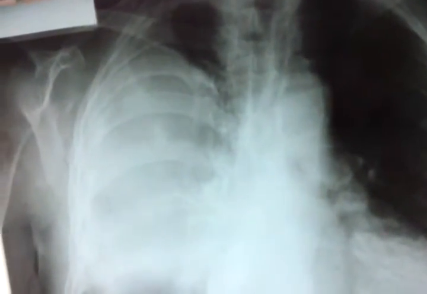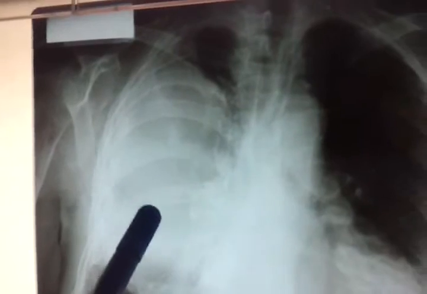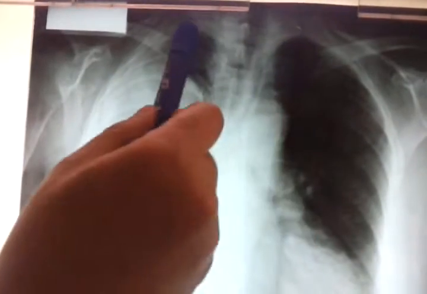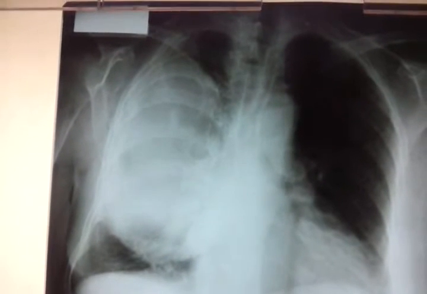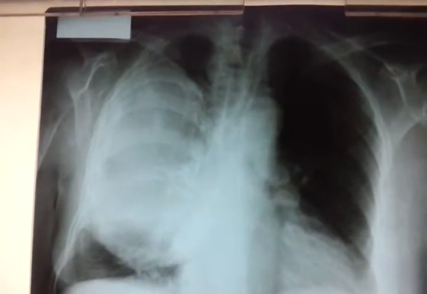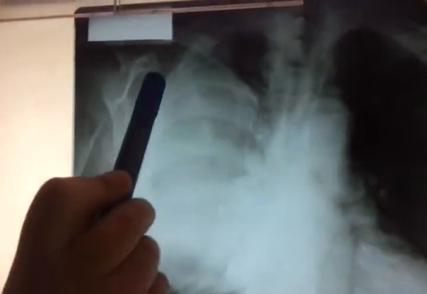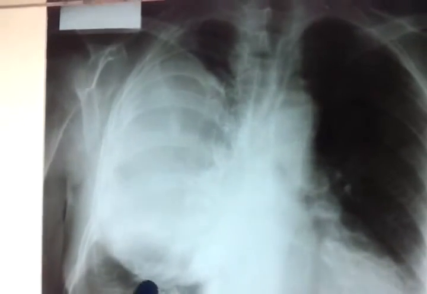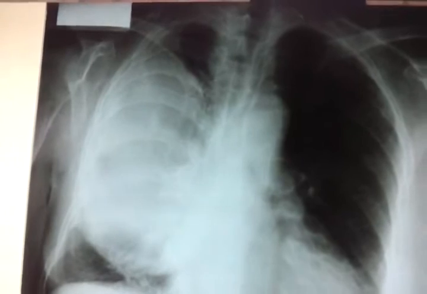We say that if we find an obvious lesion in the chest X-ray, we go right away to the obvious lesion. If we don't see an obvious lesion, we go systematically: trachea, central, apices, normal, upper zone, mid zone, lower zone, angle, heart, diaphragm, below the diaphragm, etc. But in this case, because there is an obvious lesion, a big rounded mass on the right side, nearly occupying the whole of the lung except the apices and a small part of the lower lobe.